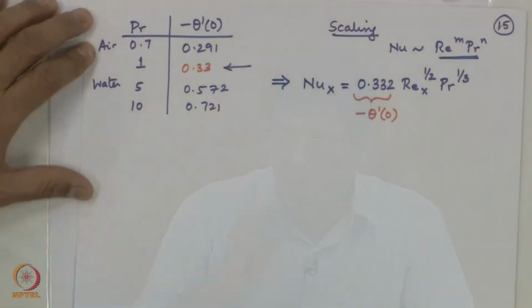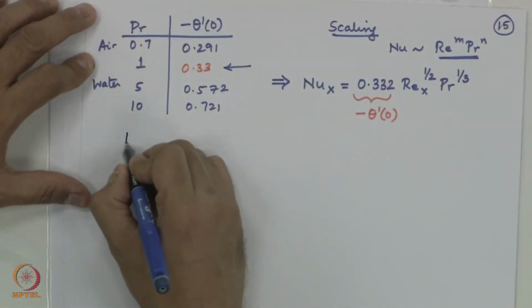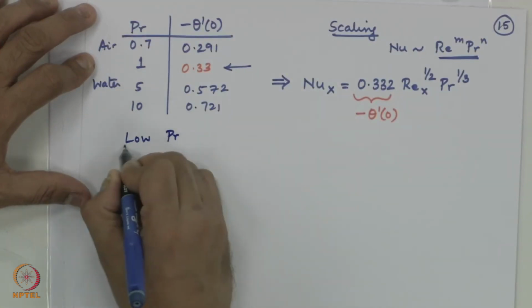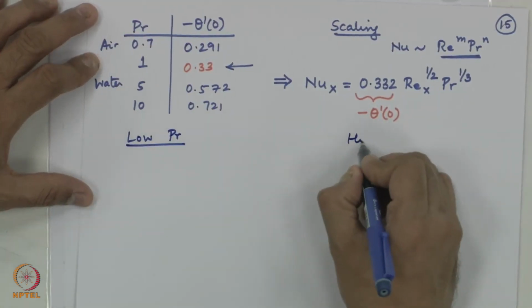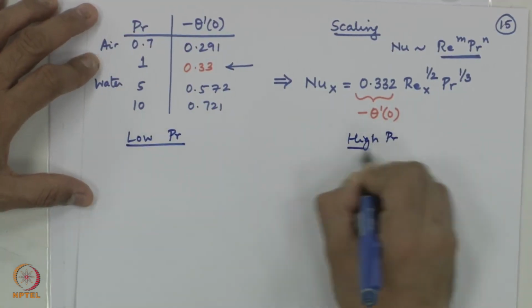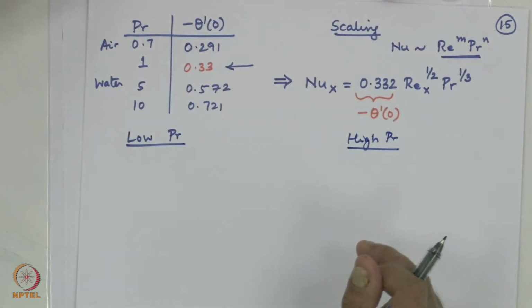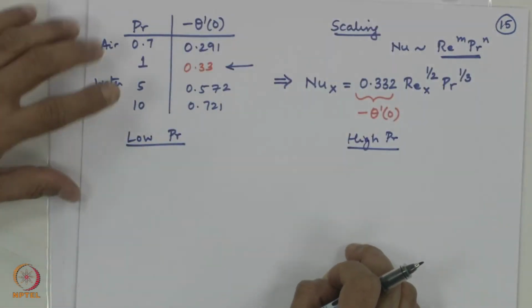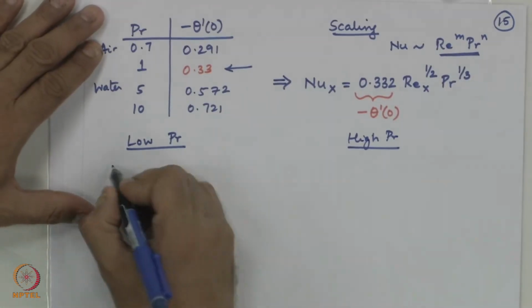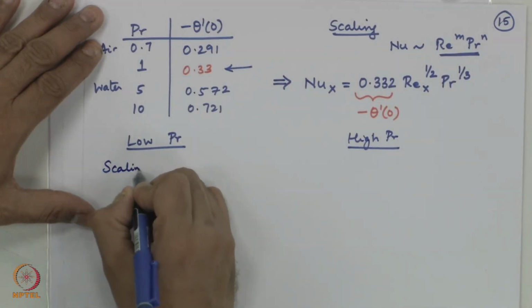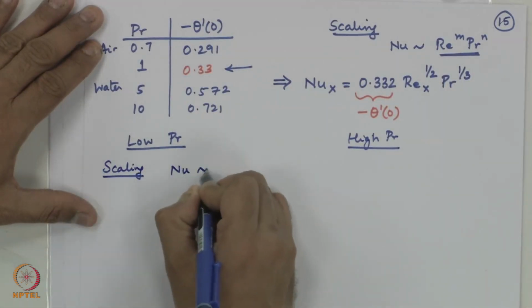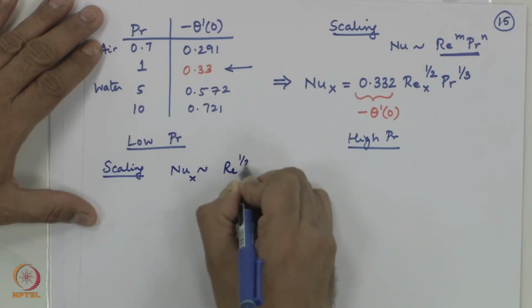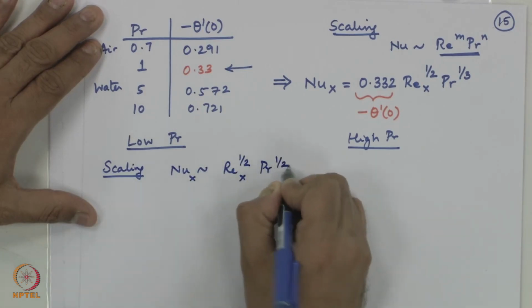And if this is done for high Prandtl number and low Prandtl number cases, we are just going to complete this part. For low Prandtl number and high Prandtl number cases, the solution of this differential equation, scaling gave me Nu is of the order Re to the power half Pr to the power half.